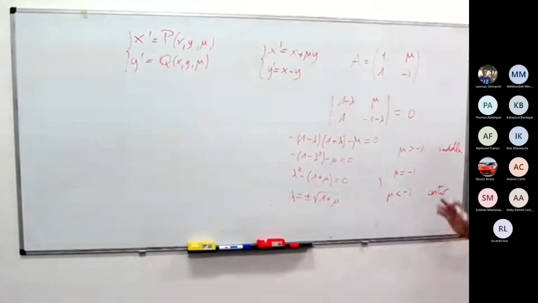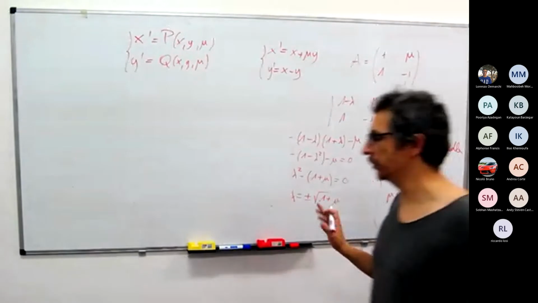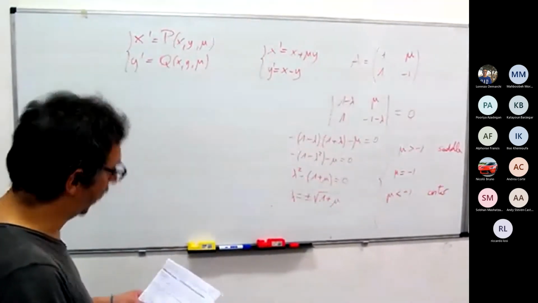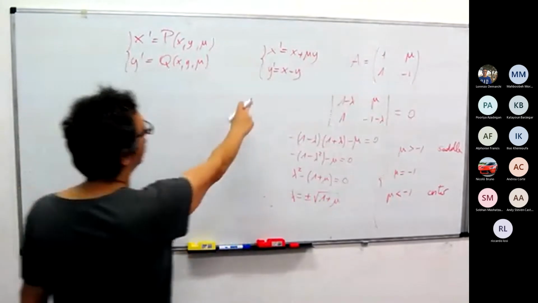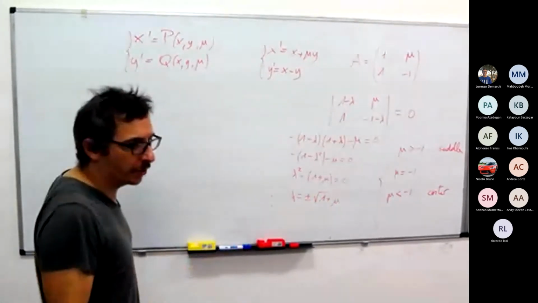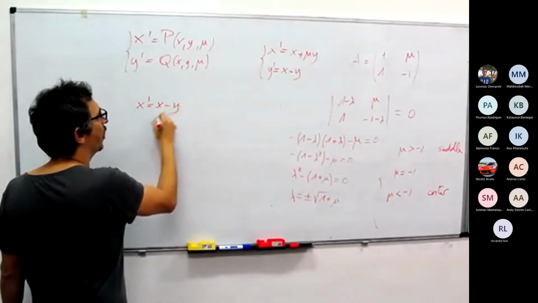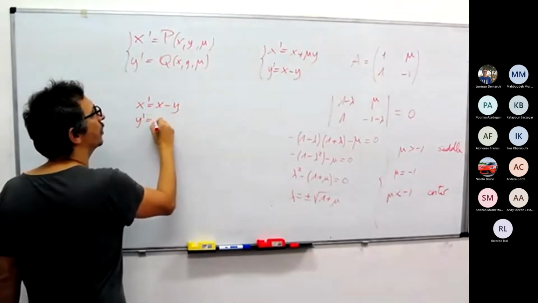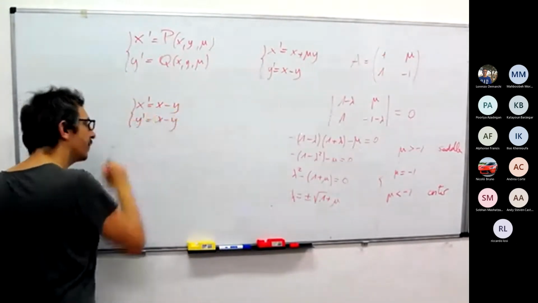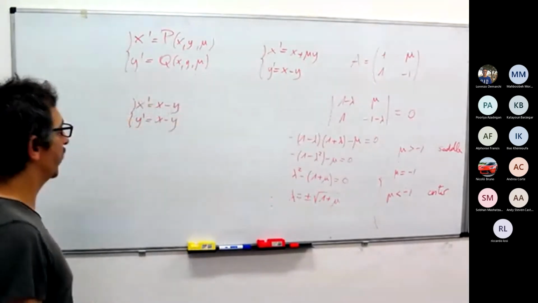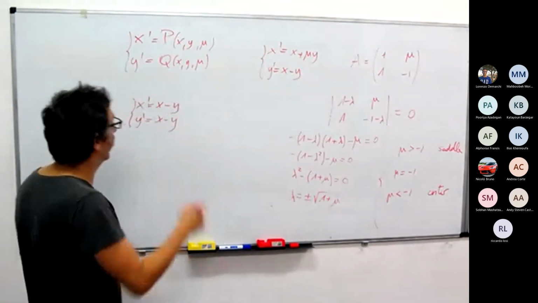Mu equal to minus 1 is a particularly different case. What I can do is rewrite the system considering mu equal to minus 1. So this will be x prime equal to x minus y and y prime equal to x minus y. I have to consider the critical points of the system.